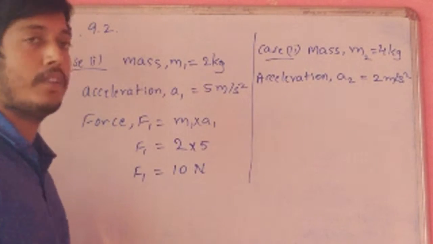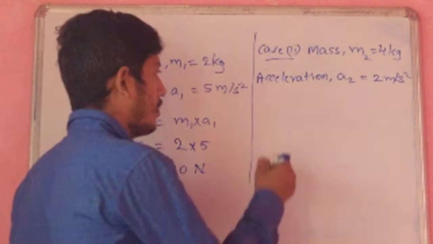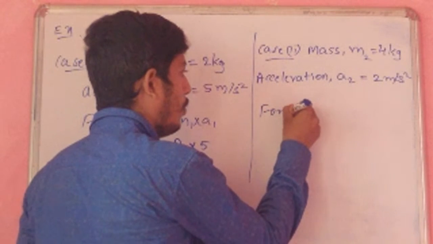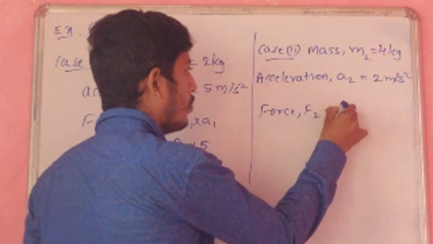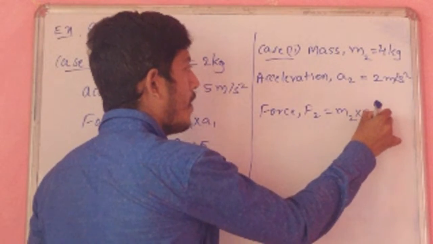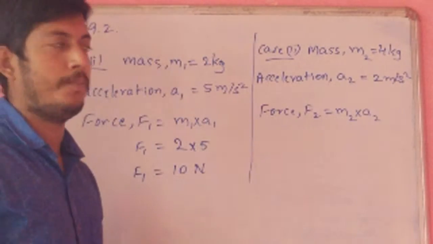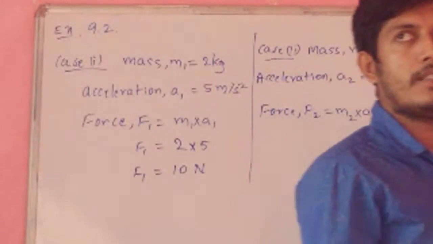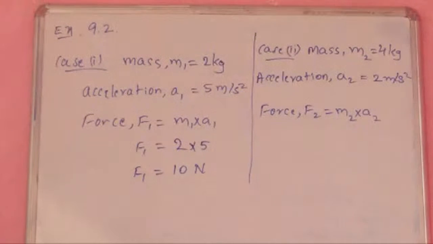Now again we will find out the value of force in this case. Force, f2, equals m2 into a2. Now values are in front of you. Just substitute the values. Comment me the answer.